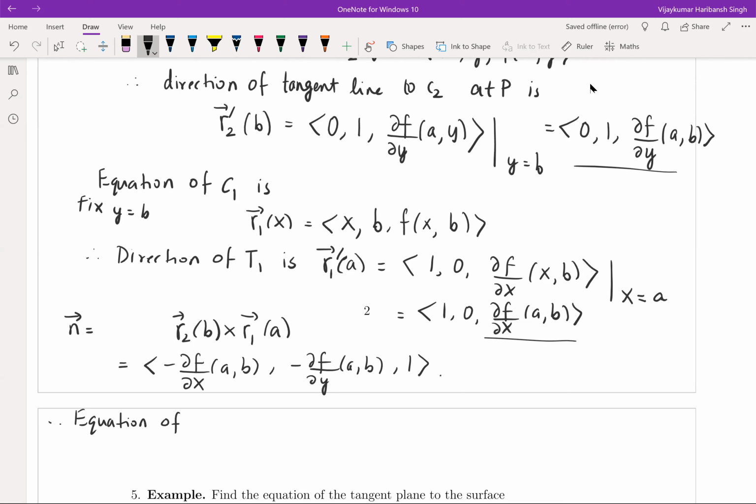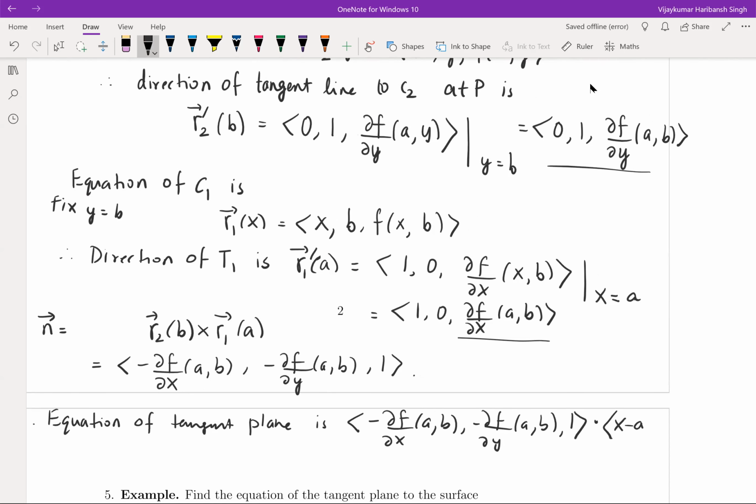Therefore, equation of tangent plane, now we have a point, we have a line, so equation of tangent plane is, take this normal, so dot with the x minus a, y minus b, z minus f of ab, this dot product is 0.